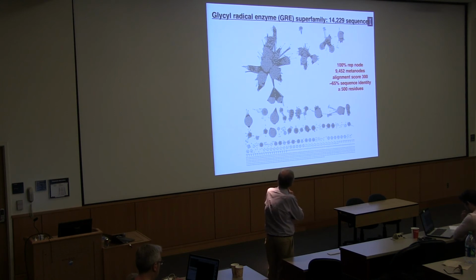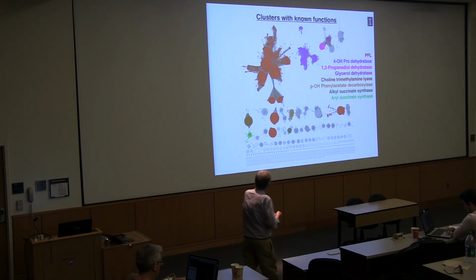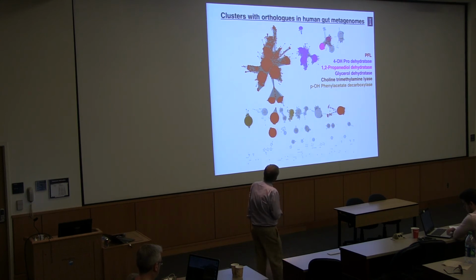I showed you this previously. And I said that there are 7 characterized functions, and here I've colored the clusters with those known functions. And as I've told you before, there are a lot of gray clusters here that correspond to uncharacterized functions. Well, these are the clusters that are represented in the human gut metagenome.